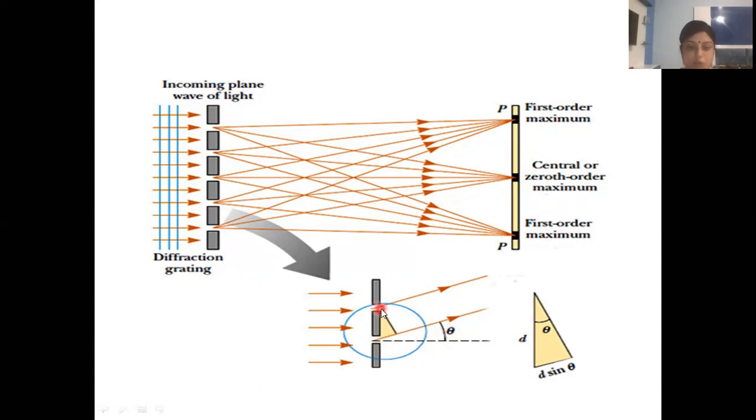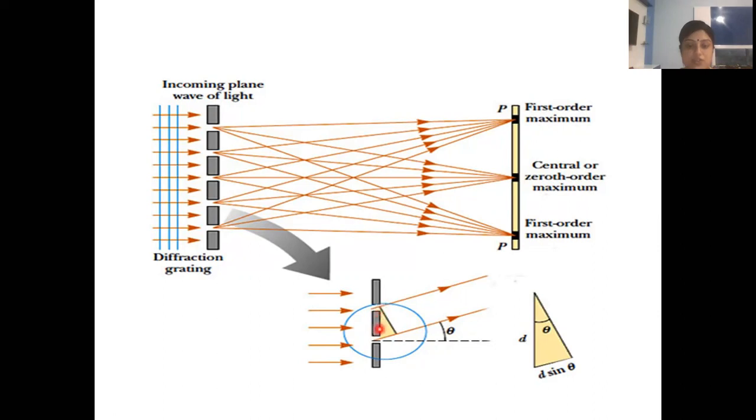Now I told you this is half of the width of the transparent portion. As I told you earlier, the width of the transparent portion we have taken as small b. So half of the width of the transparent portion will be b by 2. Similarly, half of the width of this transparent portion will be b by 2 and the width of the opaque portion is a.